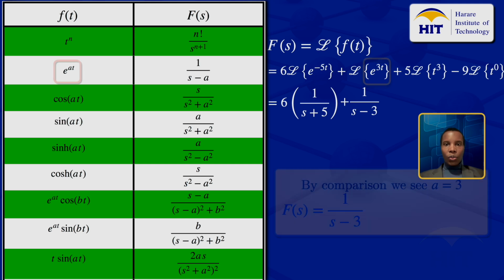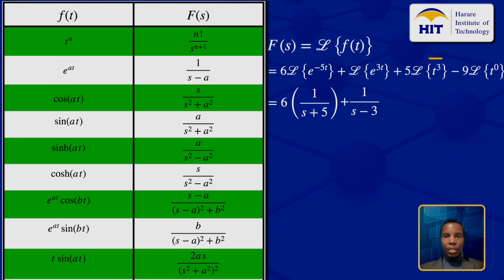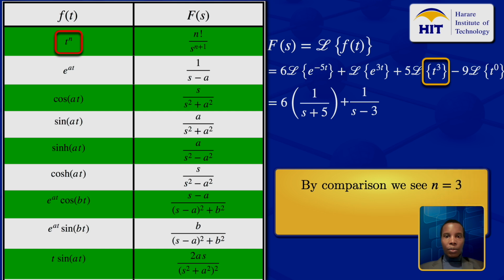And then go on to the next expression, which is this one here, t cubed. I'll look for a function which is similar to this one in the column of f of t. We will see that it is of this form, t to the power n. By comparison of the two highlighted functions, we see that our n is equal to 3.